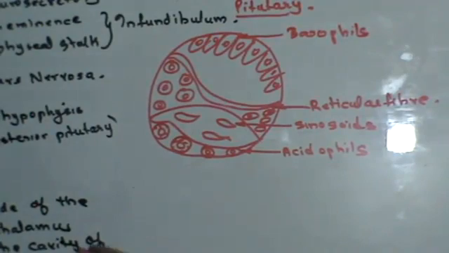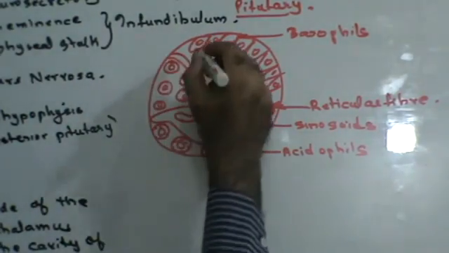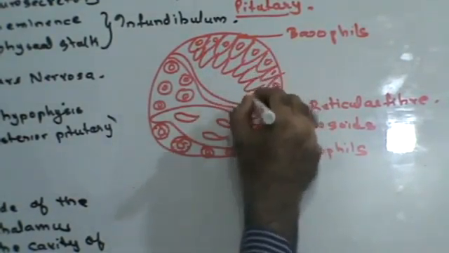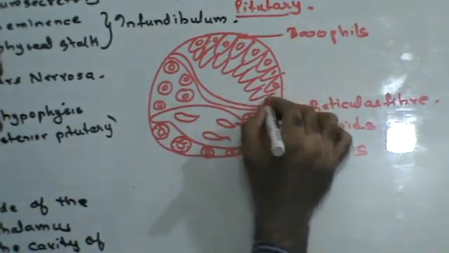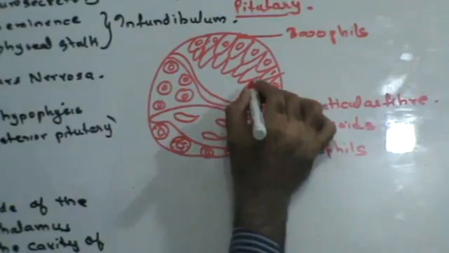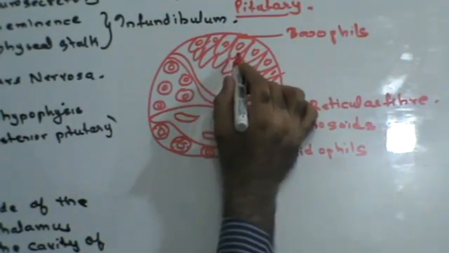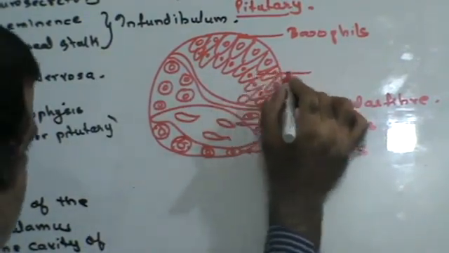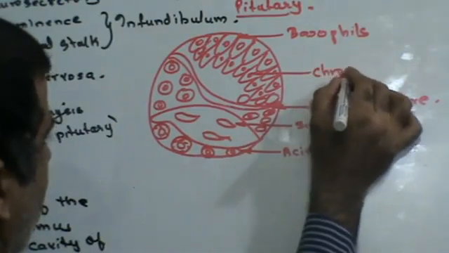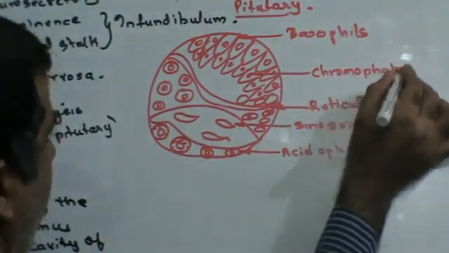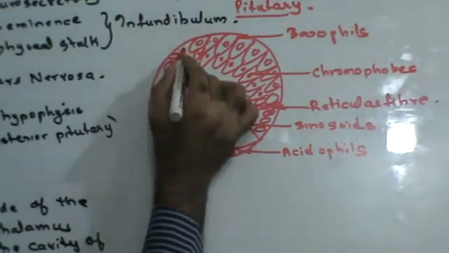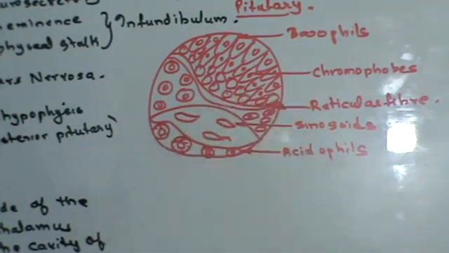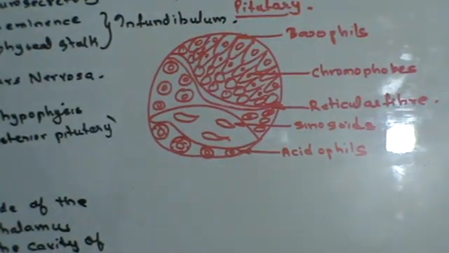The chromophobes are just below that. Your second layer is your chromophobes. Right? So that's the histological structure of your pituitary.